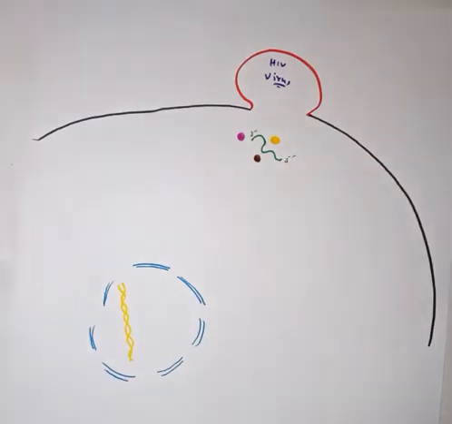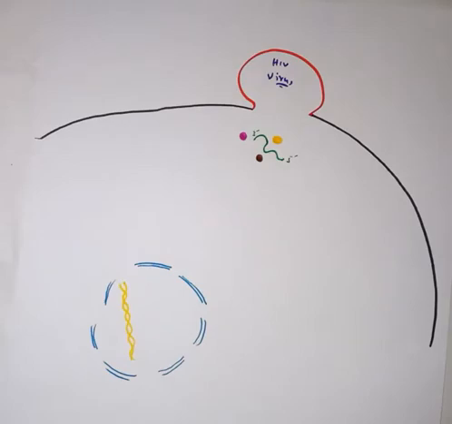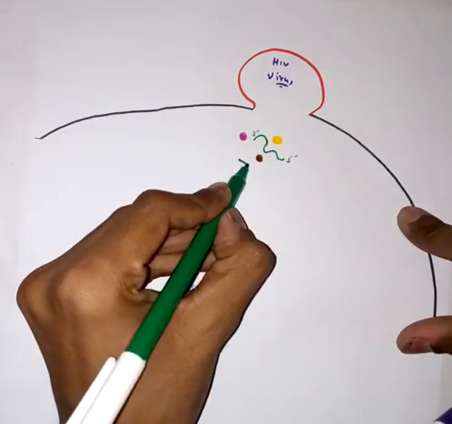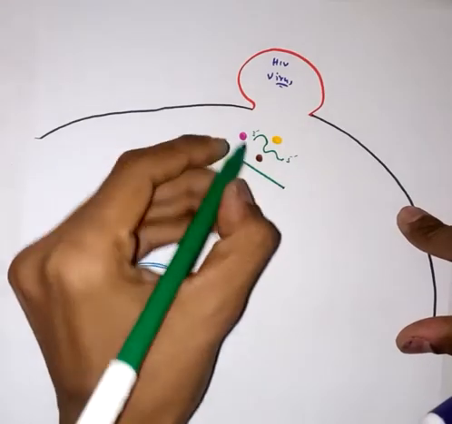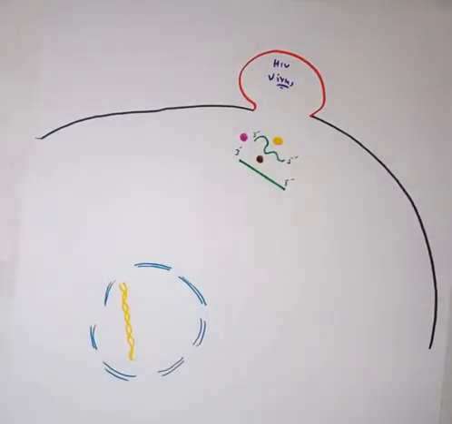Now this genome at this stage is a single stranded RNA. Now let me make a straight RNA for better understanding. So this is the RNA of the virus.